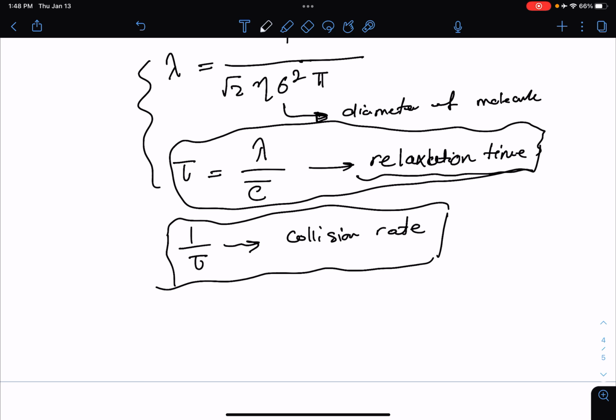Okay, so based on what we already have, let's see if we can come up with an idea or if we can quantify pressure on a large scale. And let's do it together.